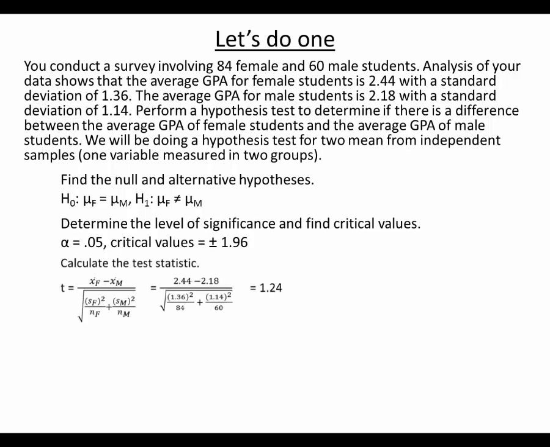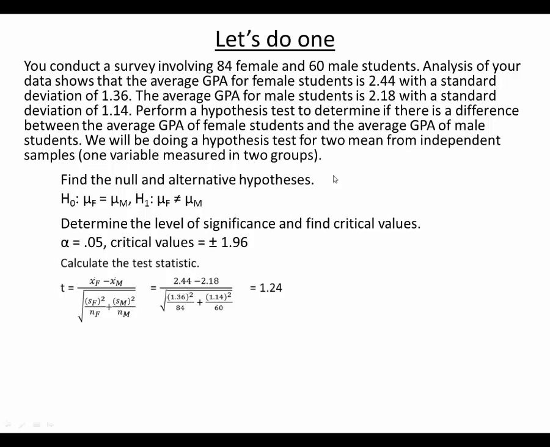And then we'll calculate the test statistic. This one gets a little bit messy, but we've got the difference of the two sample means, then over the variances, so here we've got our standard deviations squared over n.